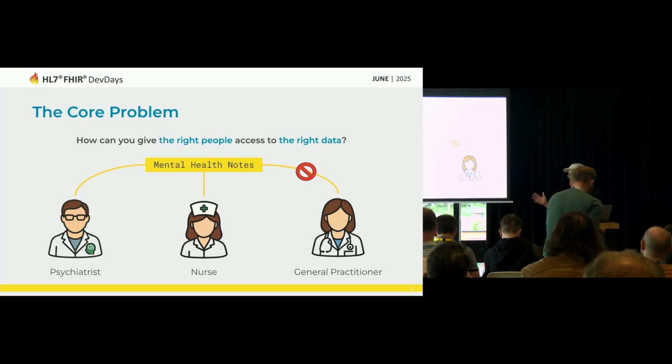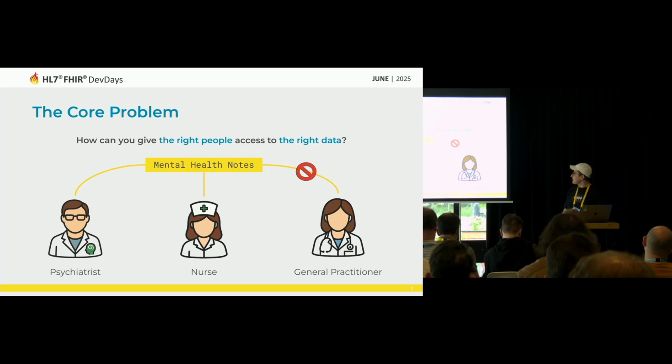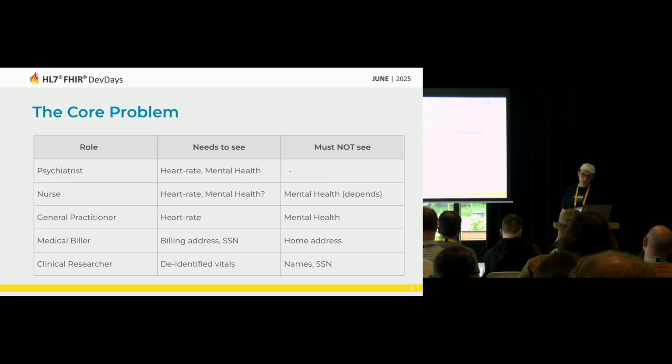Healthcare information contains a lot of sensitive data that must be carefully protected. And the key question here is, how do we give healthcare professionals only the data they need to do their work effectively? Our goal is to avoid exposing more data than necessary. So let's take a look at a specific example. Psychiatrists working with the patient must have access to highly sensitive mental health information alongside general healthcare-related data.